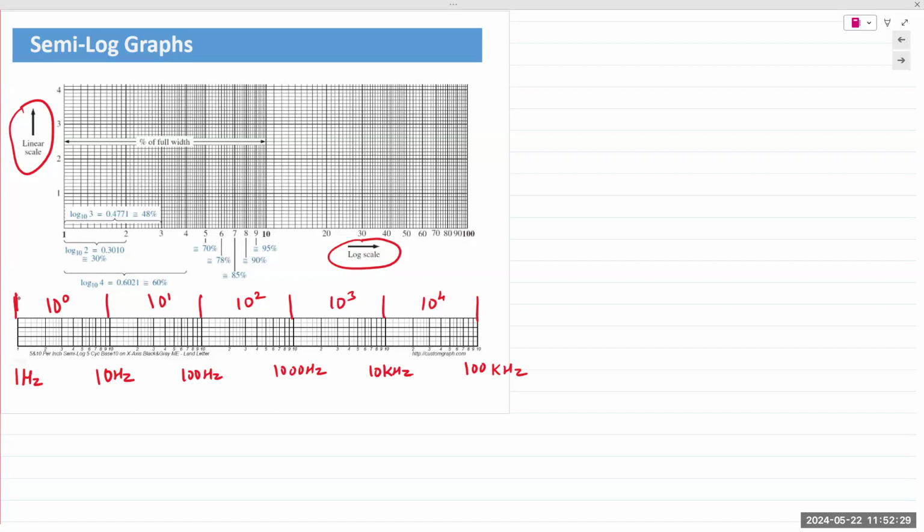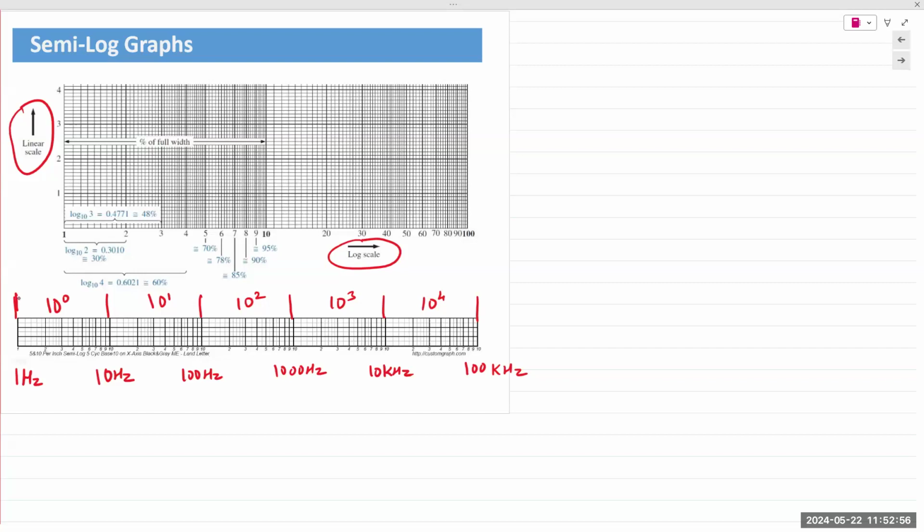And hence, this chart or graph is known as a semi-log chart or a semi-log graph because only one of the two axes is in log. The other one is in linear. If both the y and the x-axis are in the log scale, you would have a log-log graph or a log-log chart. This is a semi-log graph.